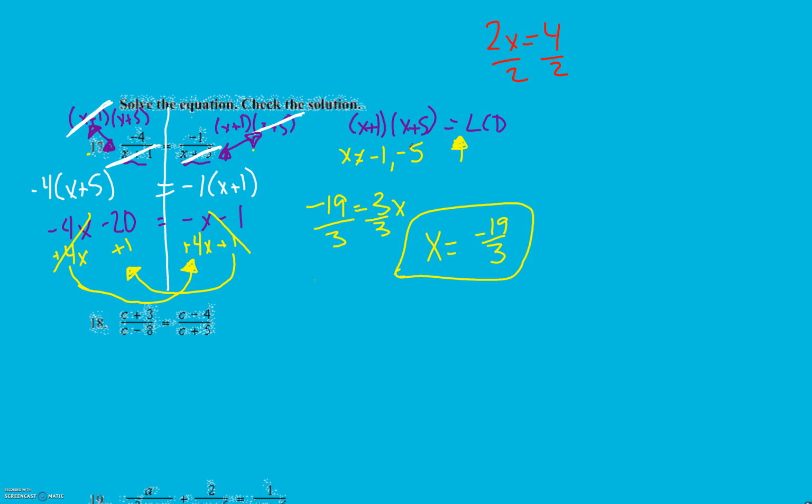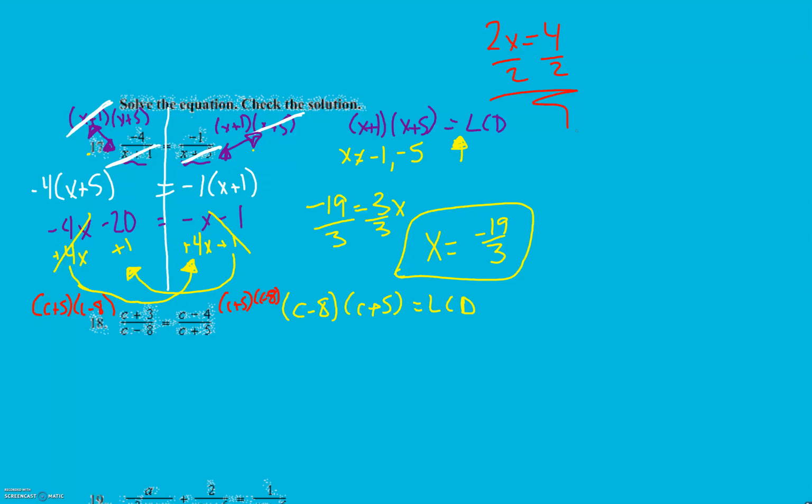Number 18 here is the same idea. C minus 8 and C plus 5 is going to be our least common denominator. I'm going to go ahead and multiply both sides by my least common denominator, C plus 5, C minus 8, times C plus 5, C minus 8. And again, it works the same way as it does when we divide both sides.